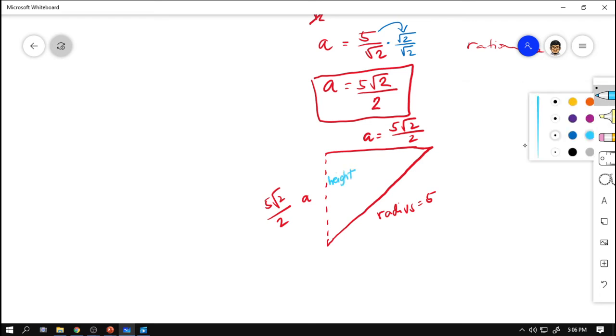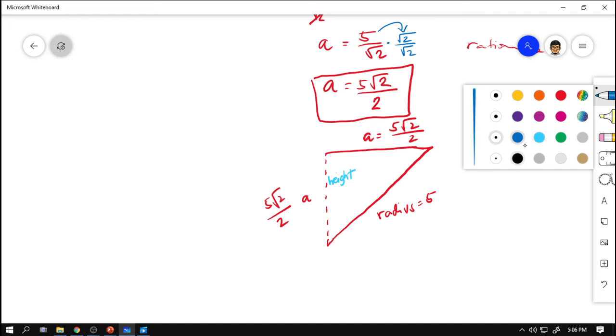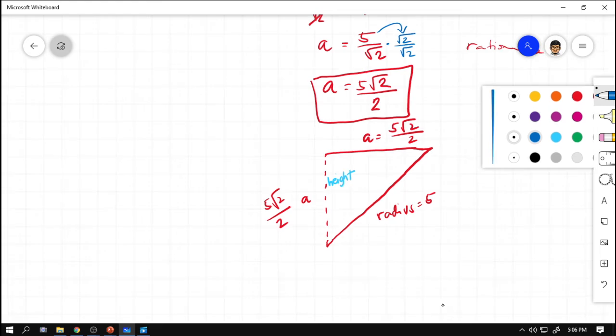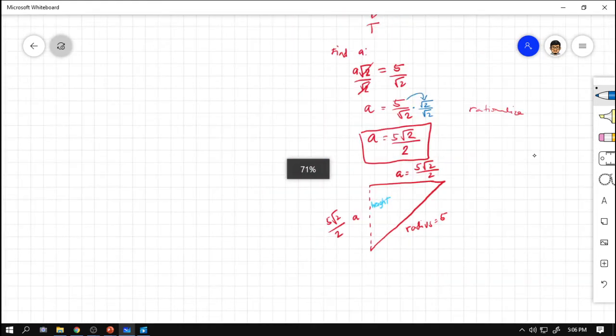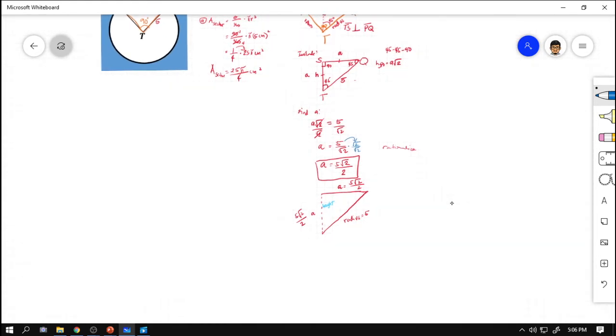Okay. Now, let's find the base naman. Dun sa mismong triangle natin. So, that is SQT. So, meron na tayong height. Height natin is 5 square root of 2 over 2.